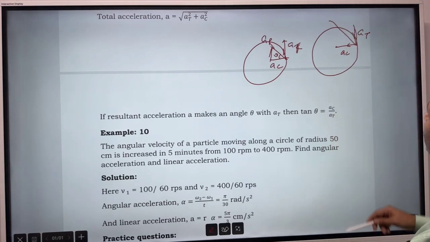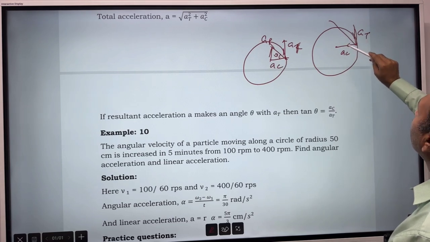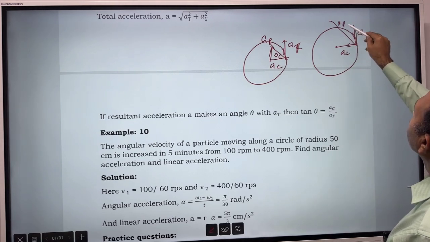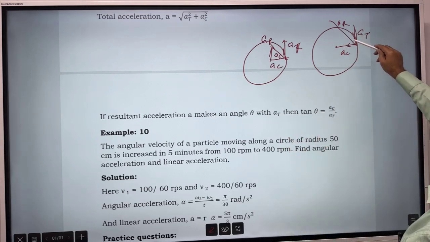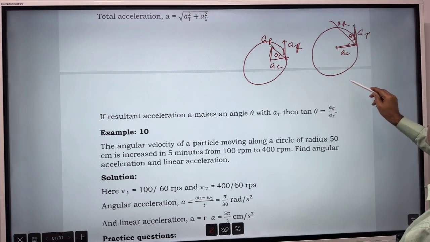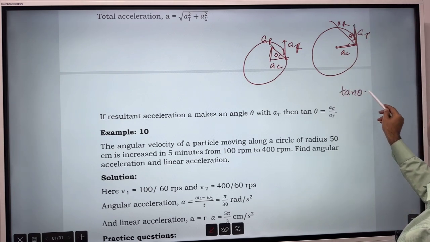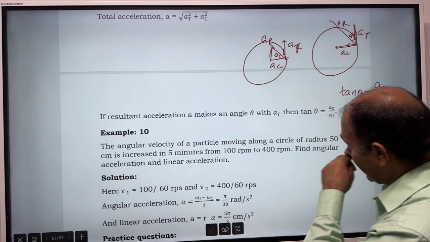Now suppose you want to find out the angle that the resultant makes with AT. In that case, AC will be considered the perpendicular and AT the base. So you can say tan theta is equal to AC upon AT, and then you can put the values.